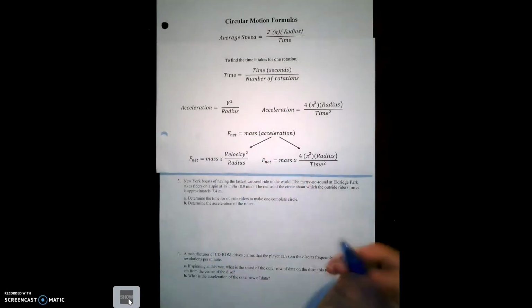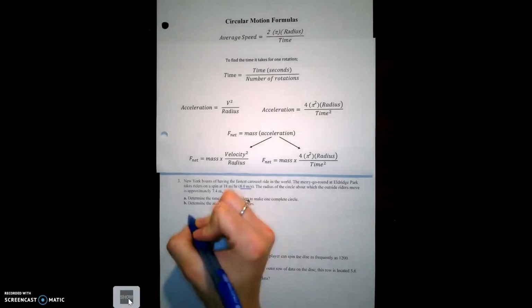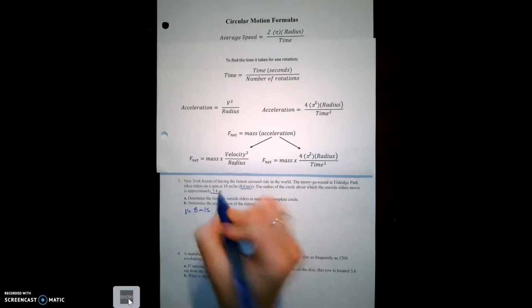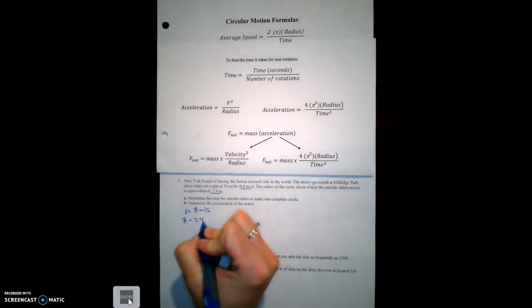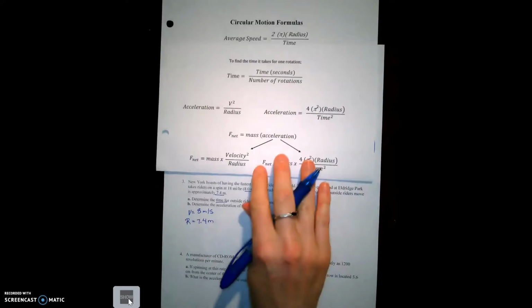So looking at what we are given, we have our velocity here, and then we have our radius here, 7.4 meters. We want to find the time it takes for the riders to complete one circle.